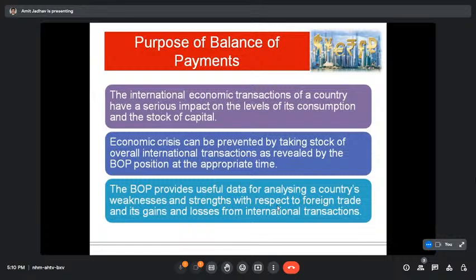If a particular country is getting a gain or a loss in foreign trade, that will be analyzed through the data we get from the balance of payment. We can understand what the weaknesses and strengths of the particular country are according to the balance of payment.